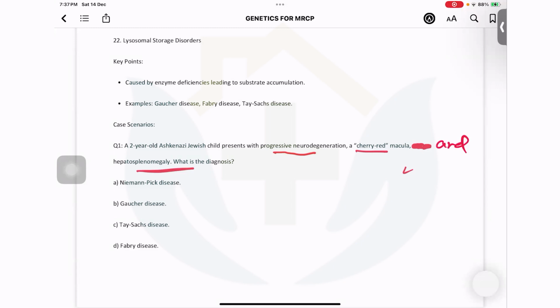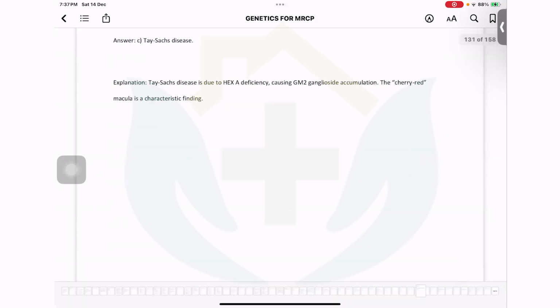The answer now becomes Niemann-Pick disease. Just the presence of this has changed the diagnosis. So no hepatosplenomegaly is specifically mentioned because they want you to answer Tay-Sachs disease. Okay? Yes, sir. Answered. Good. Anything else? Okay then.